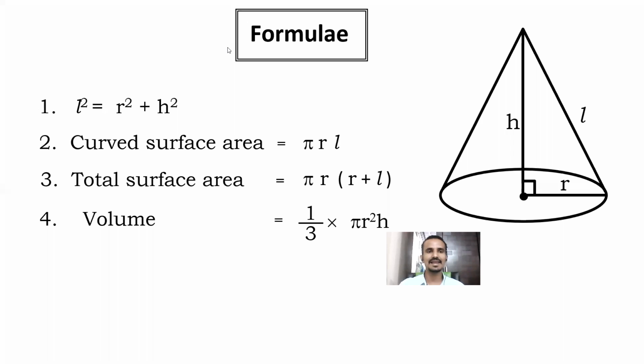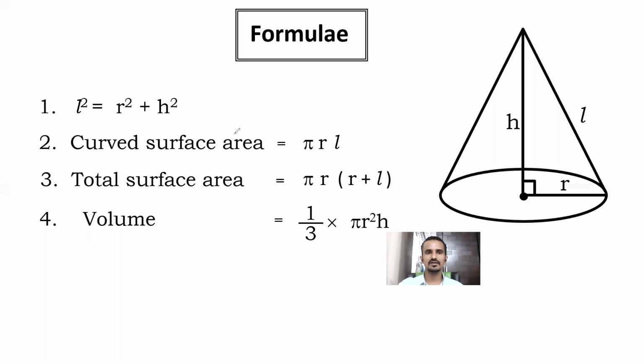Or if we have L and H, we can find R. So this first formula can be used for finding any of the three. So if you have two numbers, you can find out any one missing number. Okay. So the slant height L square is equal to R square plus H square.